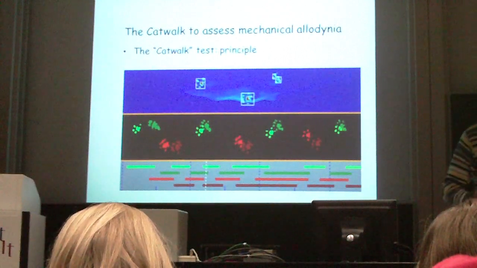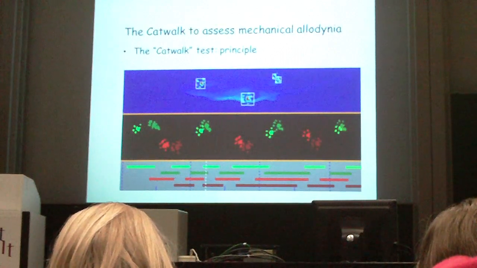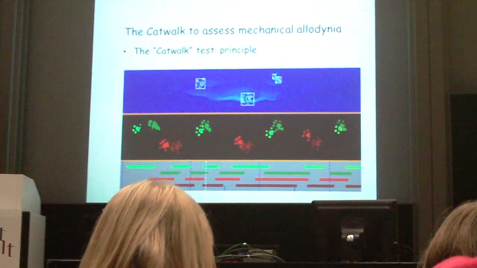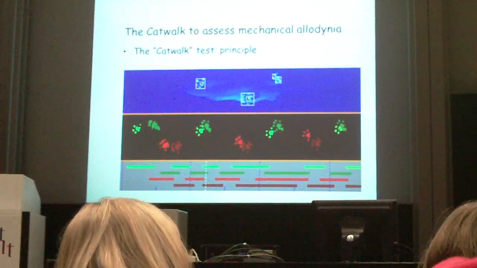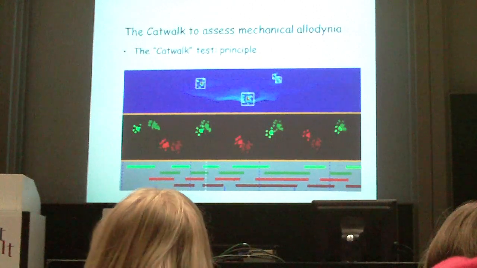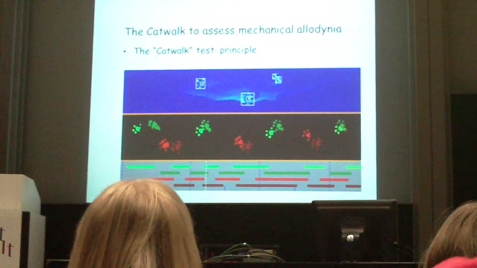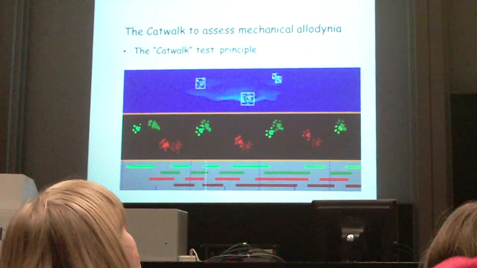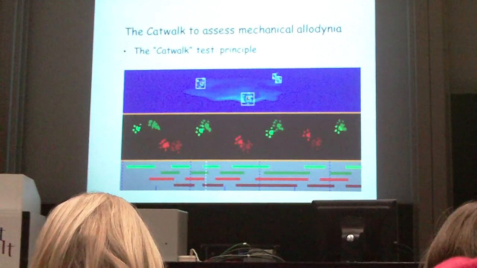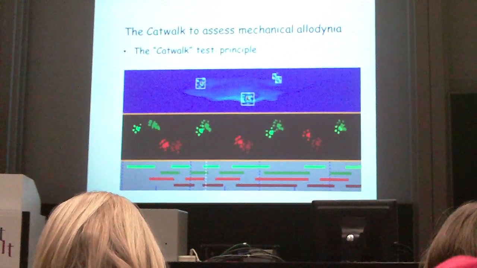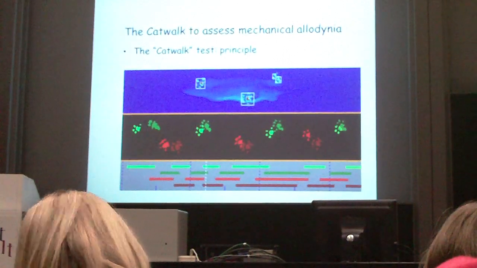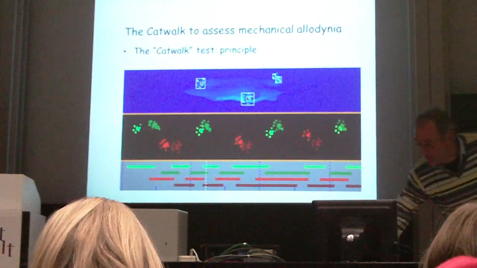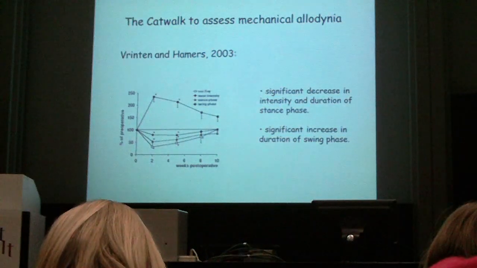And you can easily imagine that a rat which does not comfortably use its hind paw will not use it as much as it did before. So it will have longer swing phases, shorter stand phases, for instance. And we can record that with the use of this method. Here you see this.